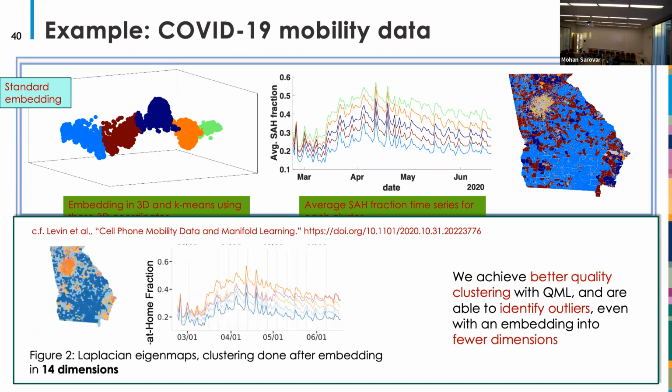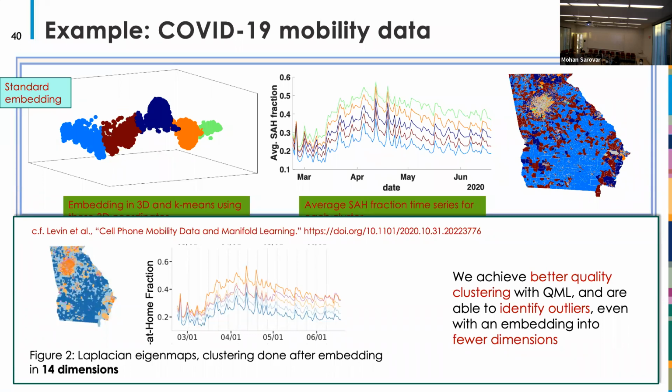By comparison, this is the reason we did Georgia: there was an earlier paper where they applied a standard, current state-of-the-art manifold learning technique called Gaussian eigenmaps, where there are 2 things to note. They got similar clusters, right? Similar, but maybe you could argue that some of these separations aren't as good as the ones that we got.